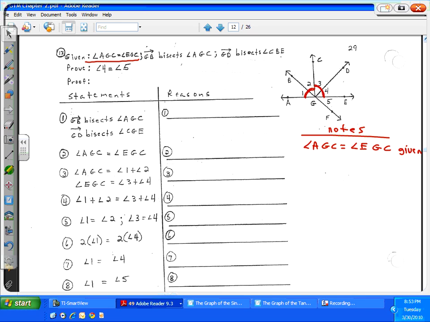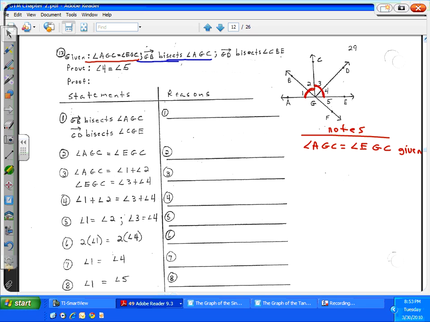Reason: given. And you may say, well, that's redundant to write down what's already written. But we're learning some organizational skills that's going to help us do the big, bad, ugly proofs later. And we're going to have trouble handling them if we haven't already developed these organizational skills.